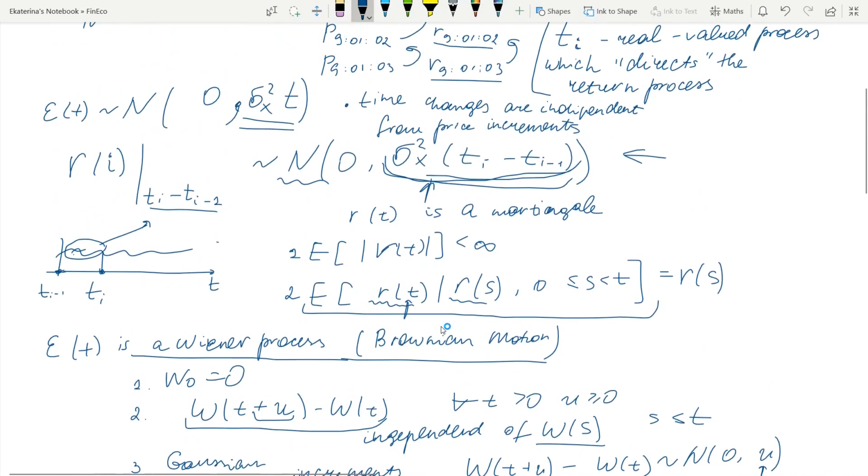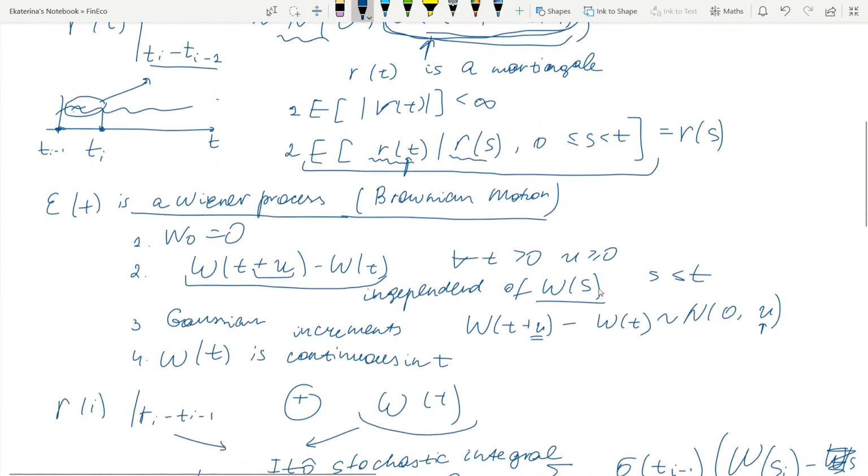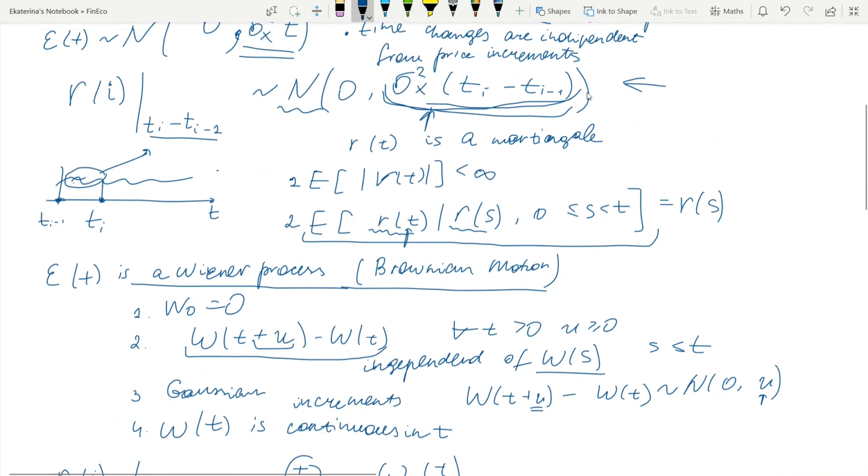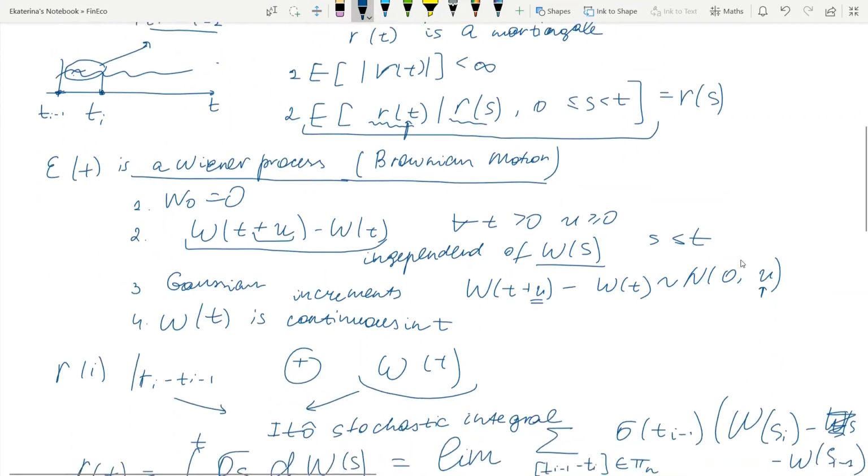And then you say, okay, the best thing I can do when I'm describing some sort of continuous time process, I could think about the Wiener process and then try to modify the Wiener process such that it satisfies the properties of my continuous time return. So the Wiener process has independent increments which are Gaussian. And what we don't like about these Gaussian increments is the variance of this process. So we would like to modify the Wiener process such that here we have some stochastic volatility. How are we going to do that?